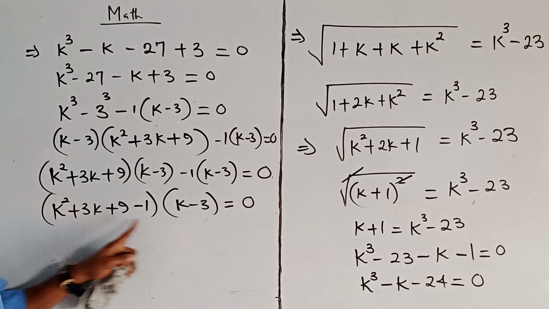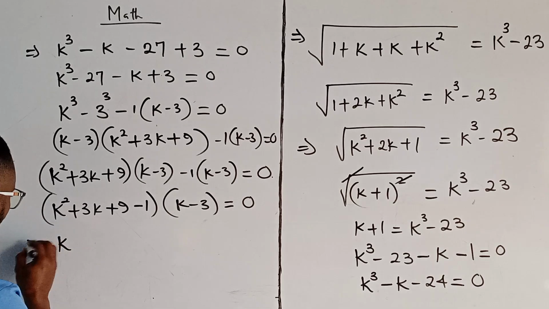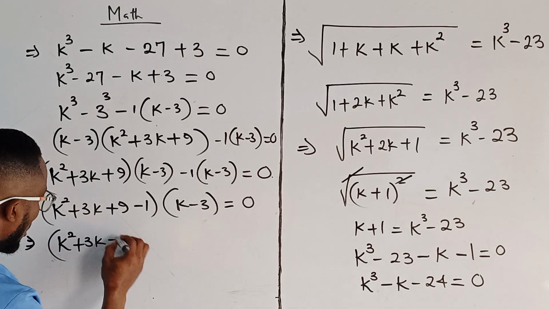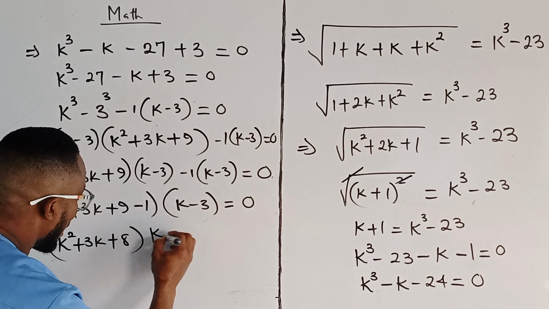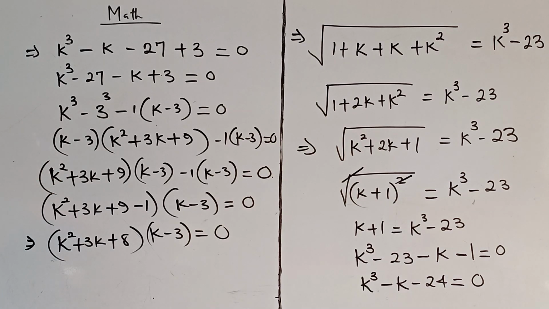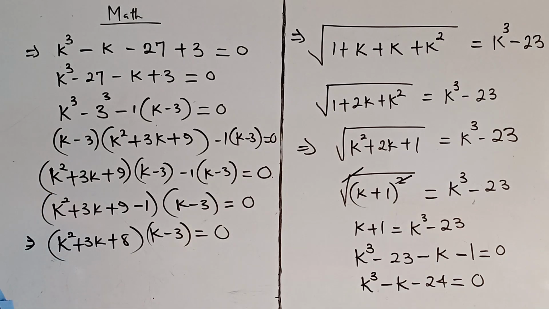So 9 minus 1, that would be 8. So we have k squared plus 3k plus 8, then we have k minus 3, everything equal to 0. So now we've actually gotten the 3 factors, 1 here and 2 in these quadratics.